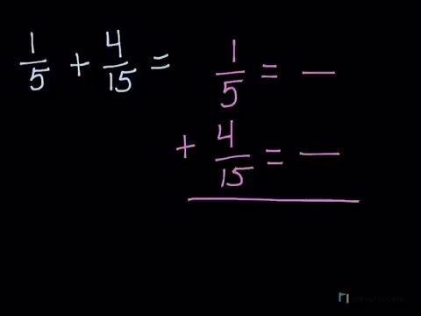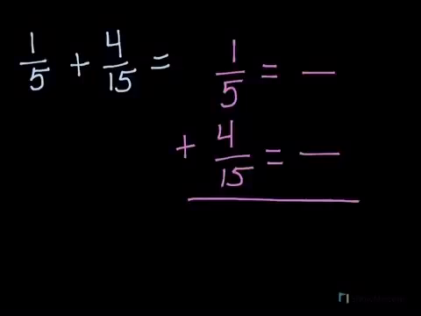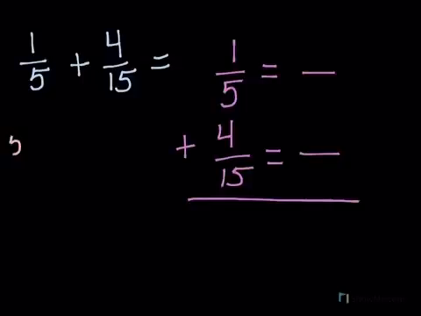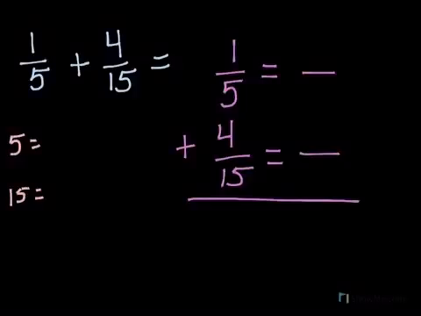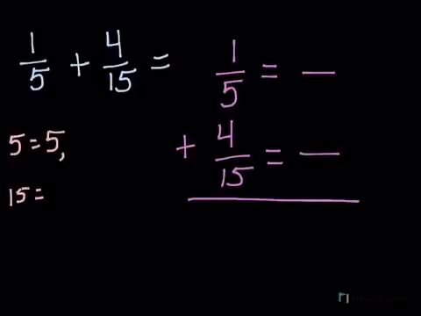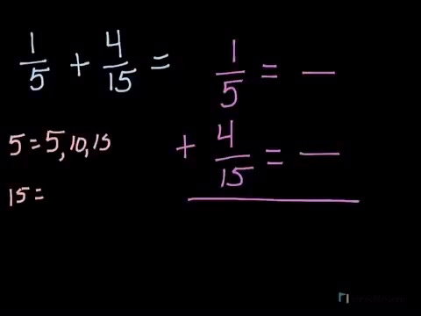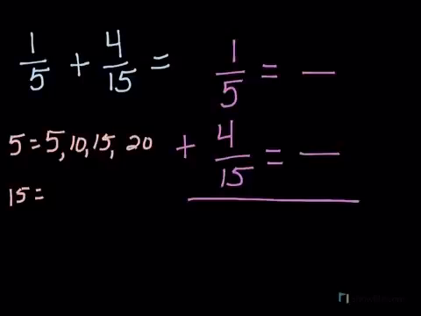To do that, I'm going to list my common factors. So for 5 and for 15. So I could start with 5, 10, 15, 20. With 15, I could list 15, 30, 45, 60.